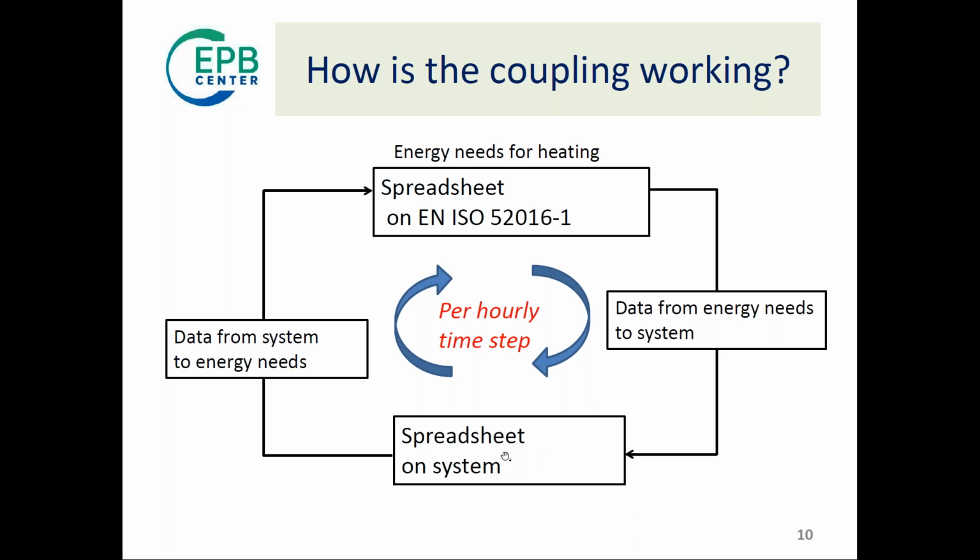So that's input to the spreadsheet on the system. Here the calculation is done to get the performance of the system, and these data are then fed in as an input to the spreadsheet on the calculation of energy needs. So this is done by an hourly time step.